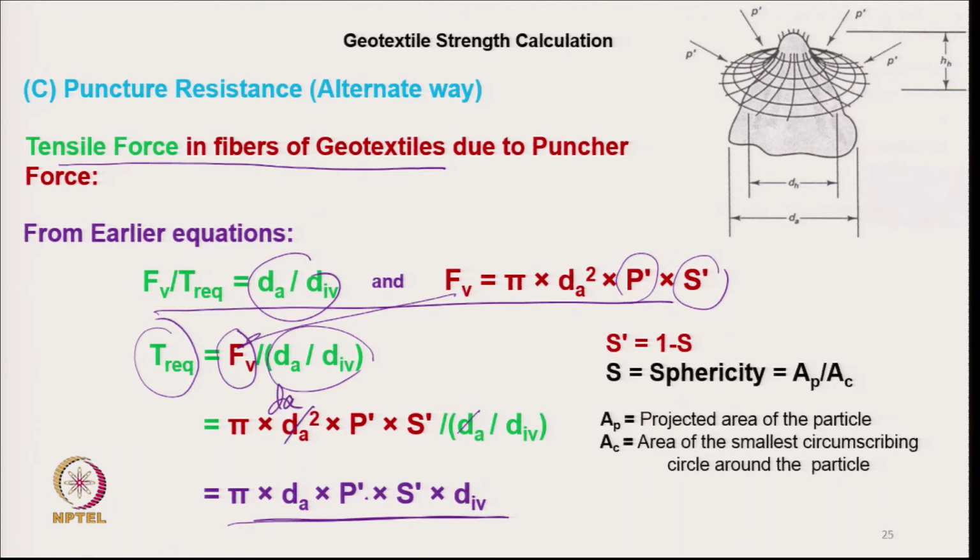So, pi dA P dash S dash over dv. Again, S is the sphericity and S dash is the shape factor of the stone. From this we can calculate the tensile force generated in the geotextile due to the upward puncturing force.